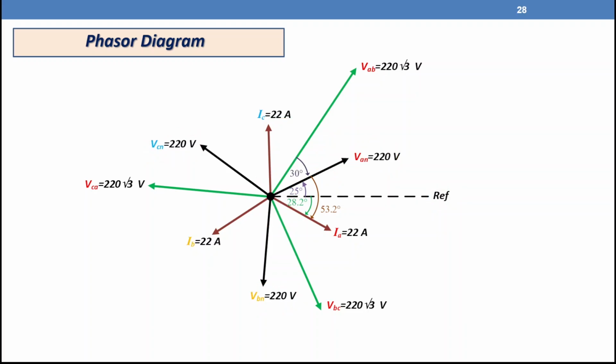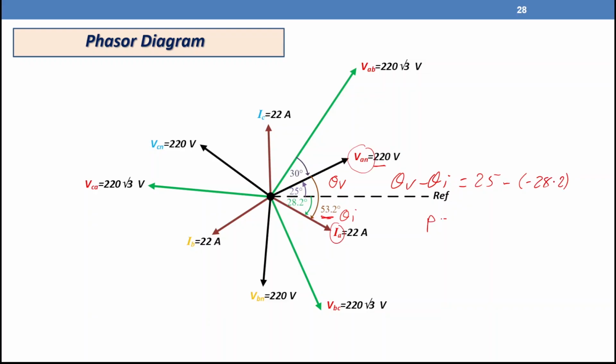I cleaned the phasor diagram to show you how to find the load power factor. If you notice here, the voltage VAN is 220 volt with angle 25, so that one is theta V. And the current is lagging by 28.13 or 28.2, so that one is theta I. Theta V minus theta I will be 25 minus 28.2, which gives you the angle between V and I, 53.2.